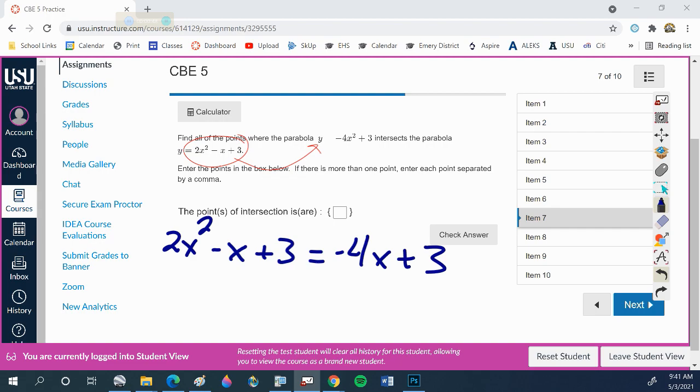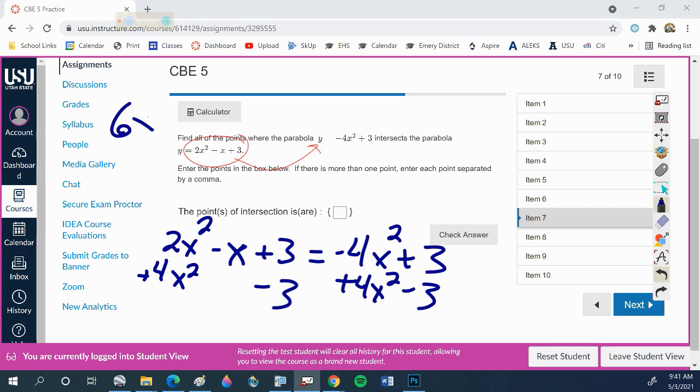And I'm going to move them all to the left. So add 4x squared and subtract 3. And I get 6x squared minus x.